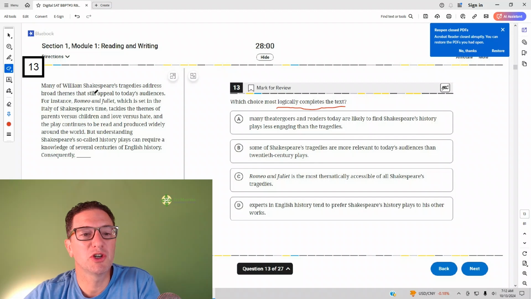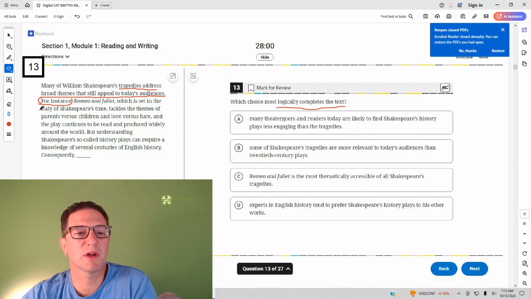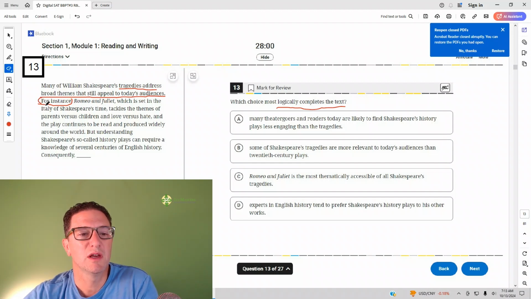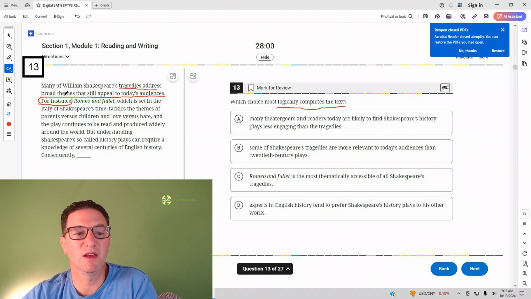Many of William Shakespeare's tragedies address broad themes that appeal to today's audiences. For instance, another way to say for instance is for example. So now we're going to get an example of a tragedy that addresses a broad theme that appeals to today's audiences.